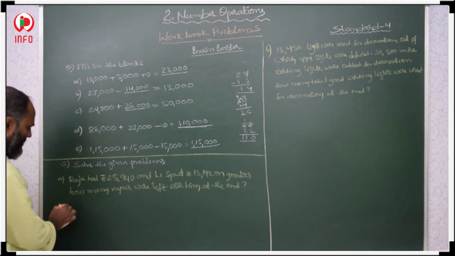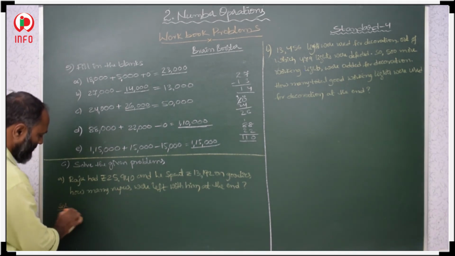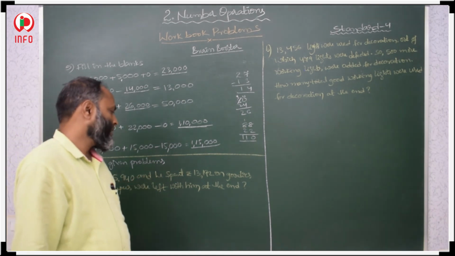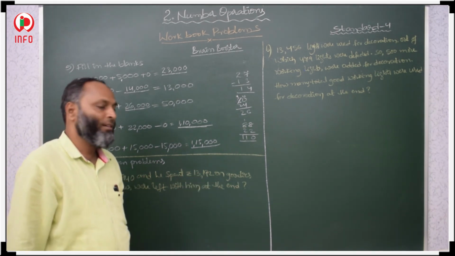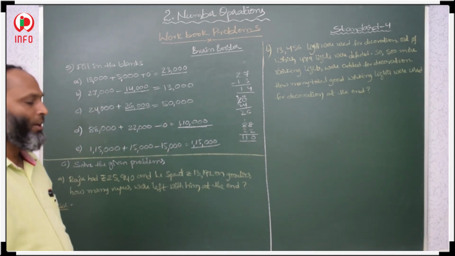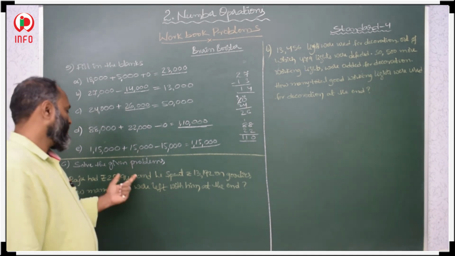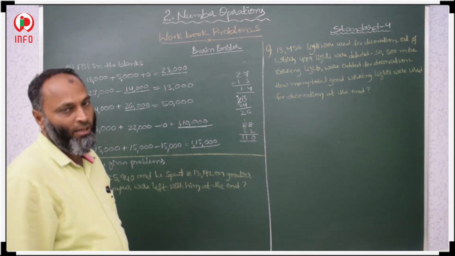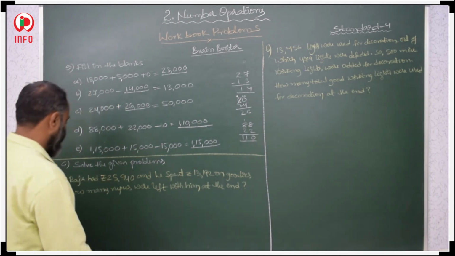Next, word problems. Solution. Raju had 25,940 and spent 13,192 on goodies. So then how many rupees were left with him at the end? Total this much and he spent this much. Then to find how many are left, we have to subtract.